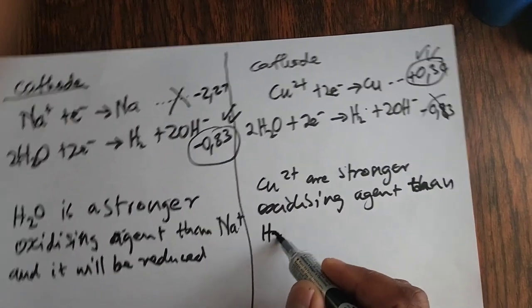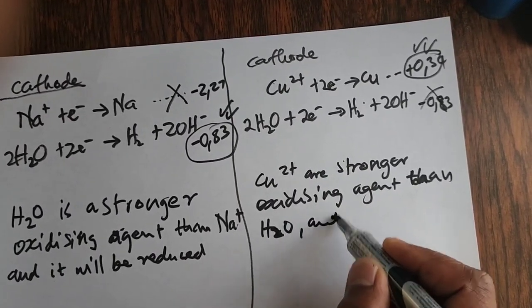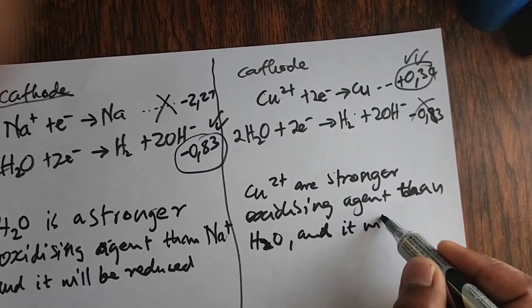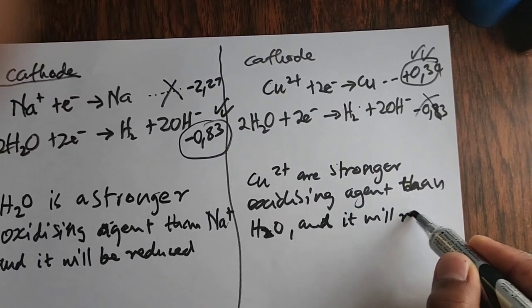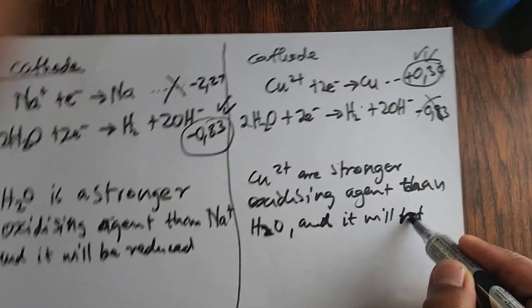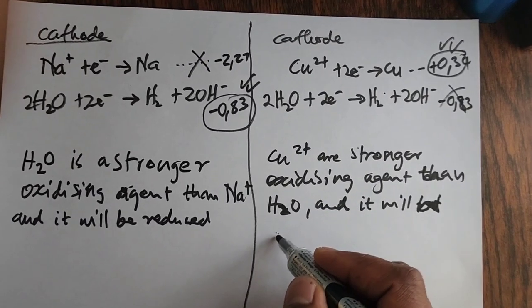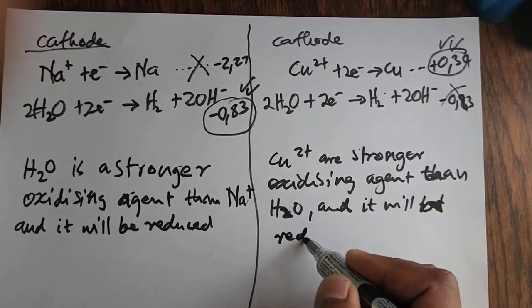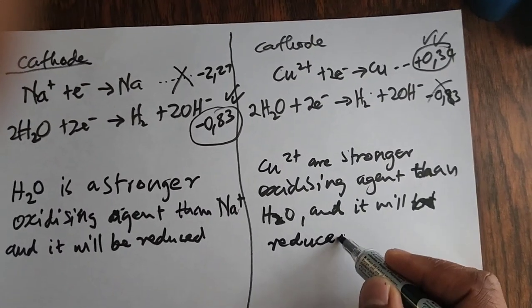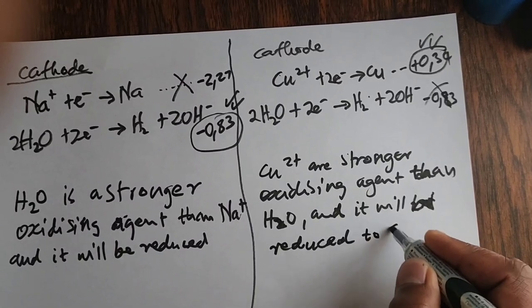You get 2 marks for saying this, and then therefore the copper ions will be reduced to form copper. It will be reduced to copper.